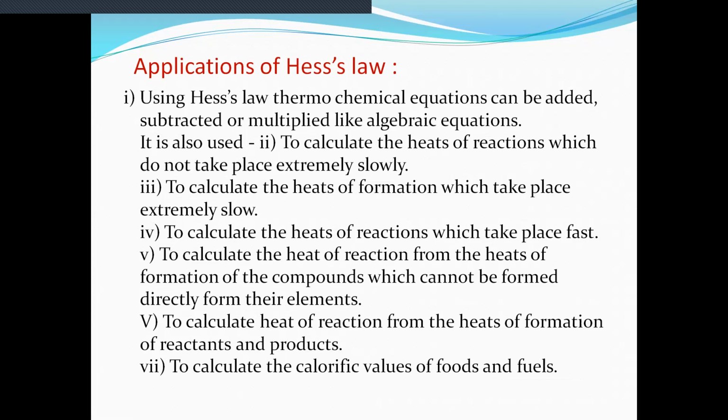And we have seen the relation between them. We have proved that Cp minus Cv is equal to R. And lastly, we have seen Hess's law and its application. So this is all about our first topic of physical chemistry paper 8, thermodynamics first.